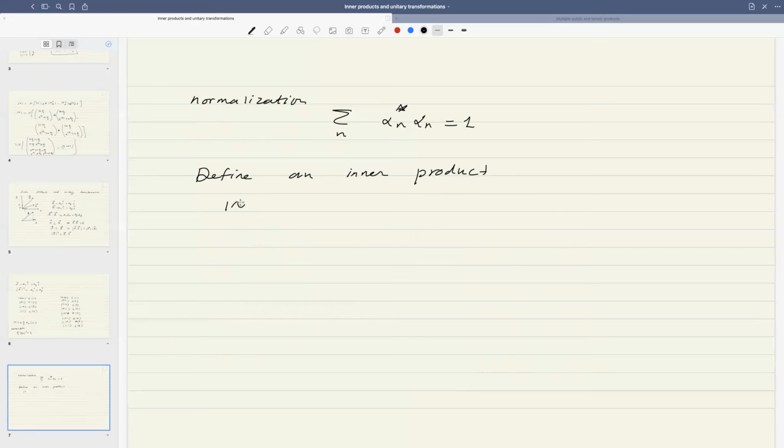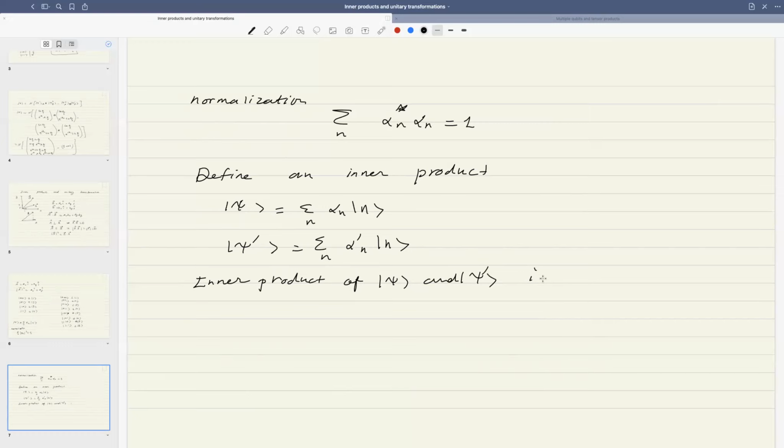Let's say I have a state psi given by the sum over n of alpha n times n, and consider another state psi prime given by the sum over n of alpha prime n times n. The inner product of psi and psi prime is denoted, and this is just a notation at this point, by writing the first one but flipping this bracket, so I do it like that.